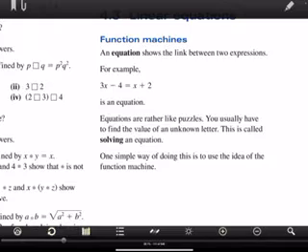So, as I stated in the beginning of class, the most dangerous sign there is in mathematics is the equal sign.